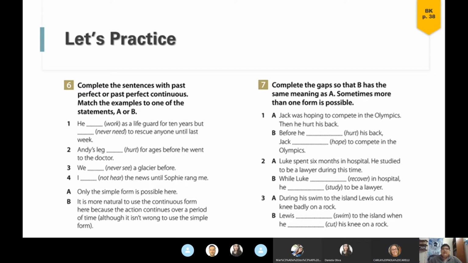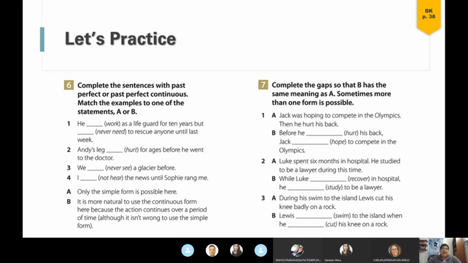If I turn it into Spanish, it may say, había trabajado como un guardavida por 10 años, pero nunca, perdón, había estado trabajando como un guardavidas por 10 años, pero nunca había necesitado rescatar a alguien hasta la semana pasada. He had been working and he had never needed.